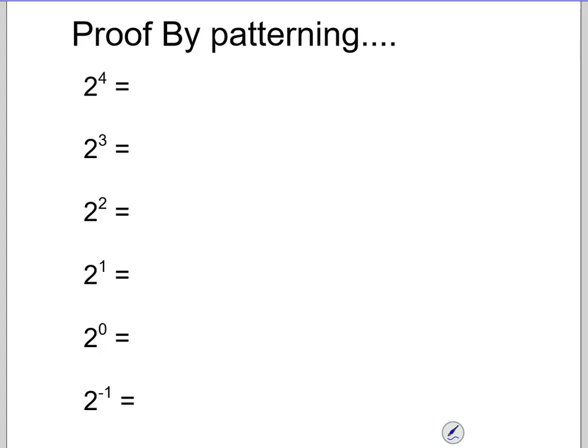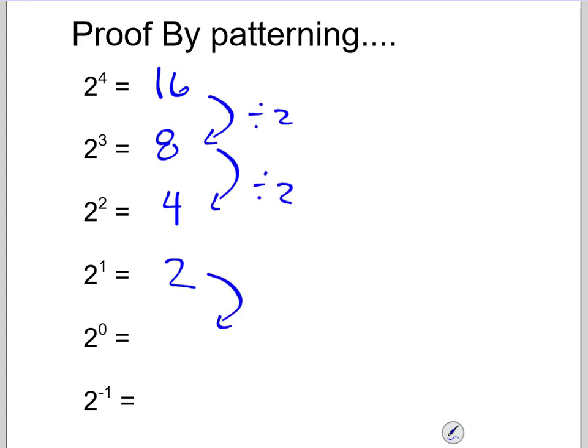Okay, so now let's just do a quick little proof by patterning. 2 to the 4th, 2, 4, 8, 16. 2 cubed, 2, 4, 8. 2 to 2. 2 to the 1. Now if you look at the pattern, are we dividing by 2 every single time? Yep, so now 2 divided by 2 is 1. So there's the rule we just proved.